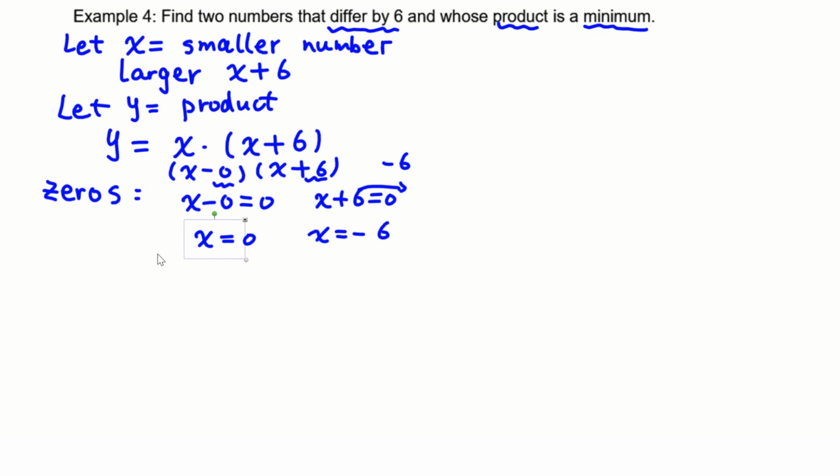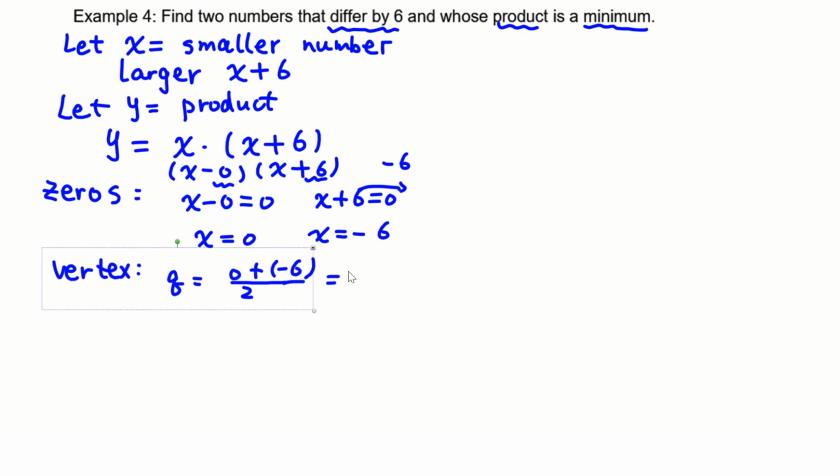Then again, we could find the vertex by looking for the midpoint of the two zeros. So 0 plus negative 6 gives negative 6, divided by 2 gives you negative 3. So this is the p value, the x value.